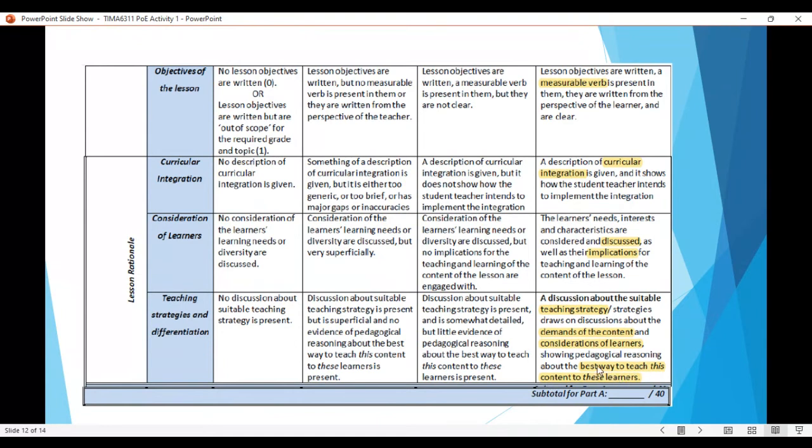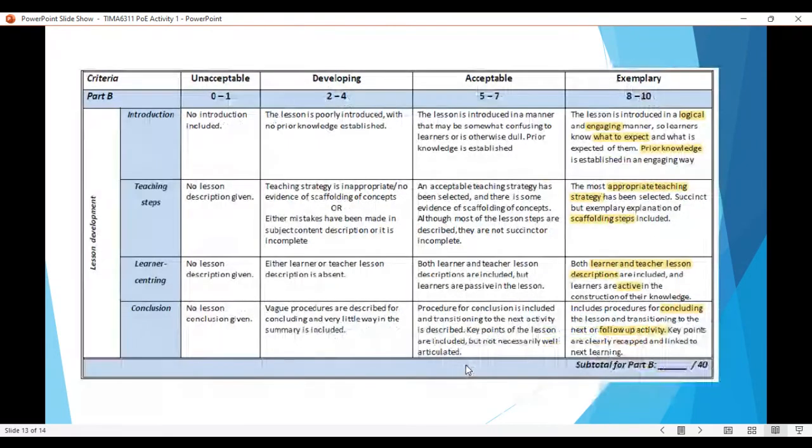And that's why I say it should not be superficial or general. It should be detailed for this content and these learners. This is section G. In total, this first part of the activity counts 40 marks.